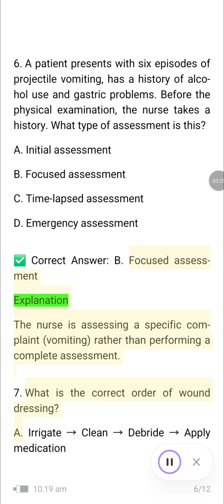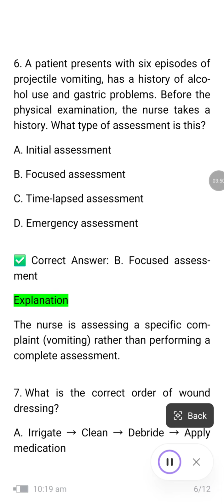What is the correct order of wound dressing? A. Irrigate, clean, debride, apply medication. B. Clean, irrigate, debride, apply medication. C. Debride, irrigate, clean, apply medication.